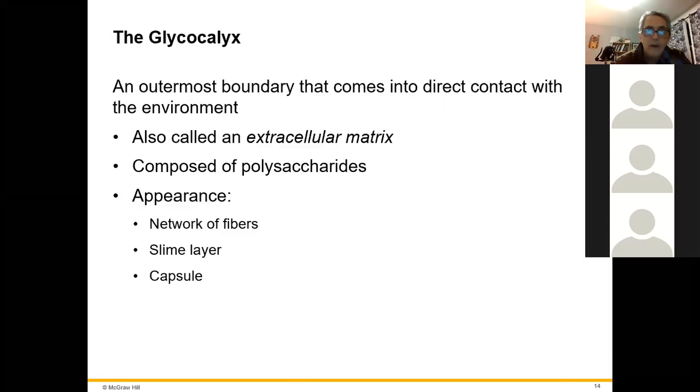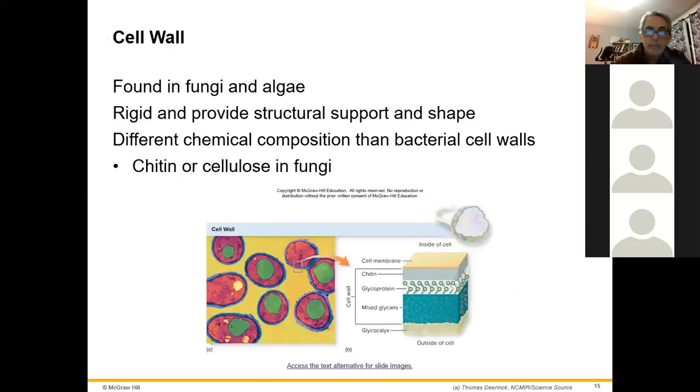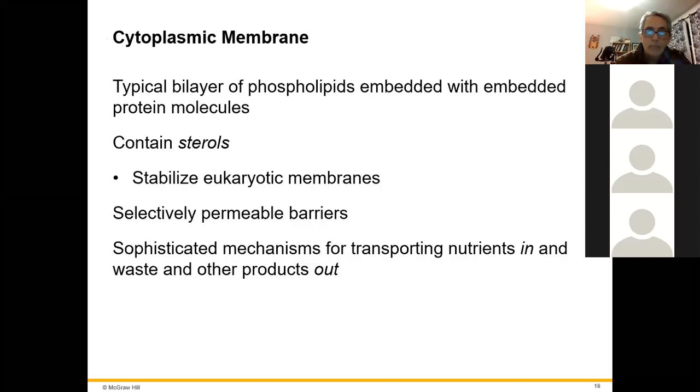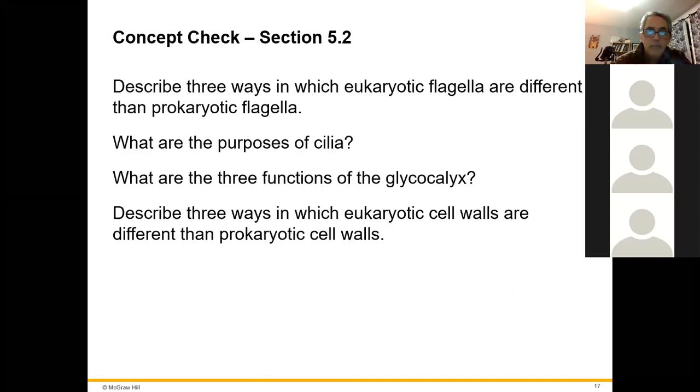With the outermost boundary, that glycocalyx is what comes into direct contact with the environment. So eukaryotic cell walls are a different composition than prokaryotic cell walls.